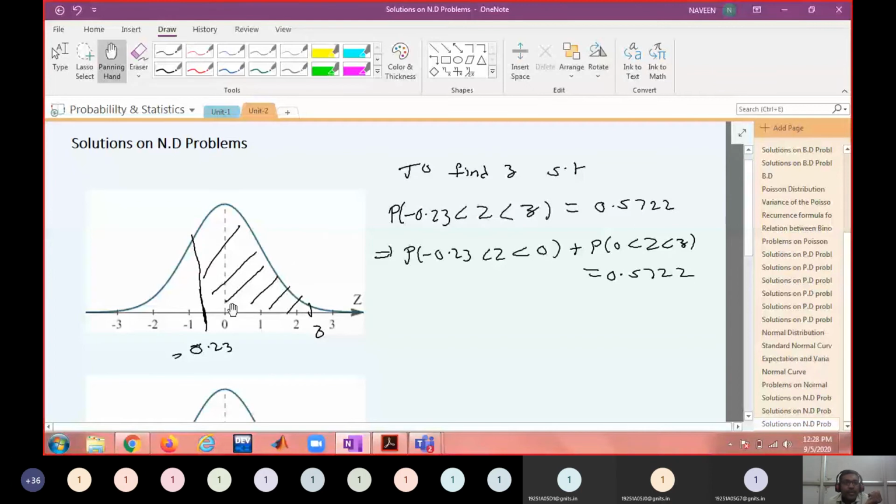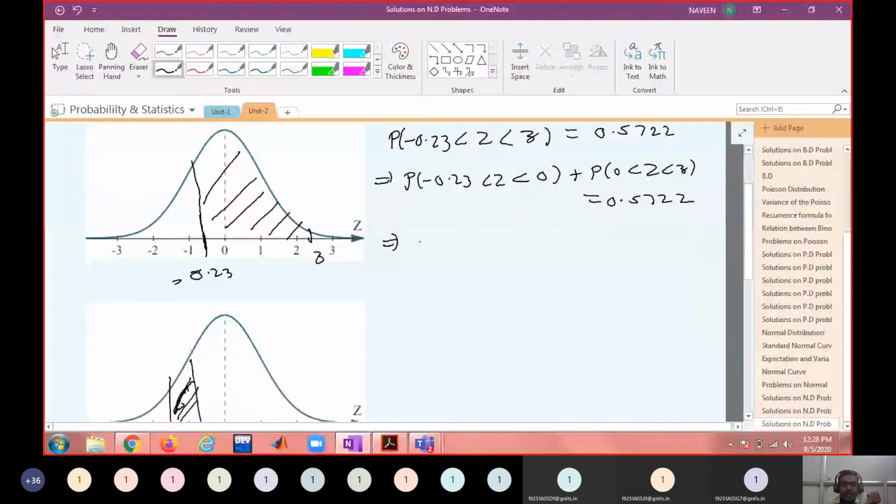Is that okay? Now how do you find this value? Minus 0.23 to 0 is the same as 0 to 0.23, plus the probability that 0 less than z equals 0.5722.